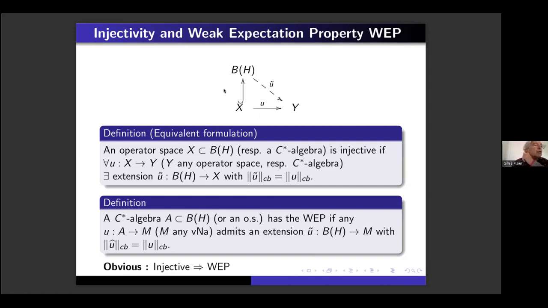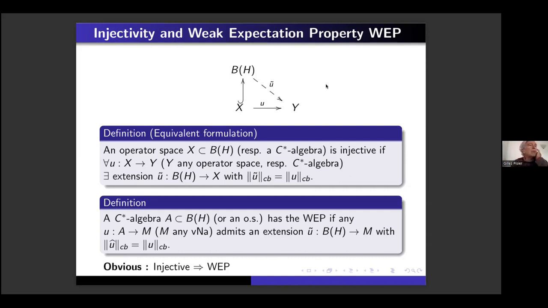So if you have a projection like this, as I'm indicating, from B of H to X of CB norm 1, then this extension U tilde can just be the composition with the projection, okay? It's an easy exercise to see that if you have this, and if you know Arveson's theorem, that B of H is good, then you can go back to the extension property as before. So that's another way to look at things. It's a different diagram, watch out.